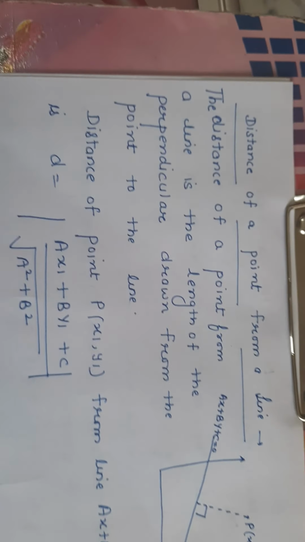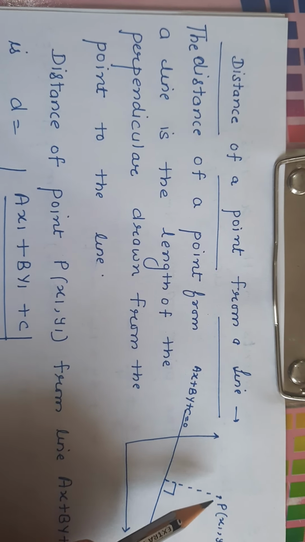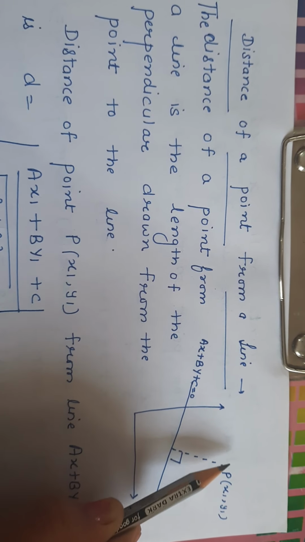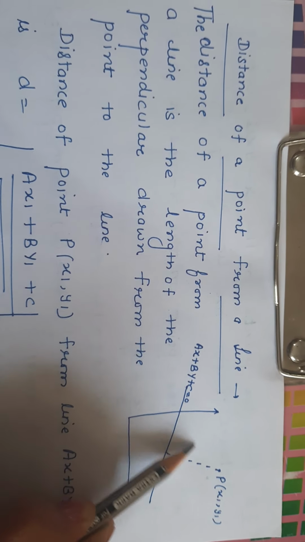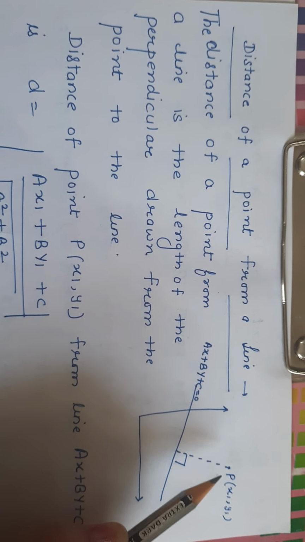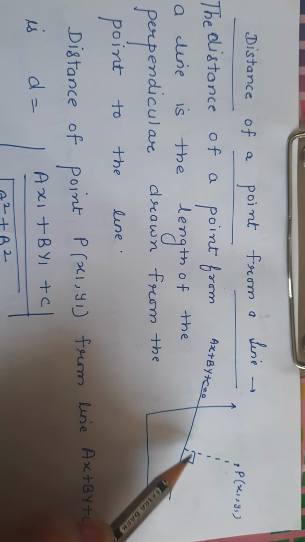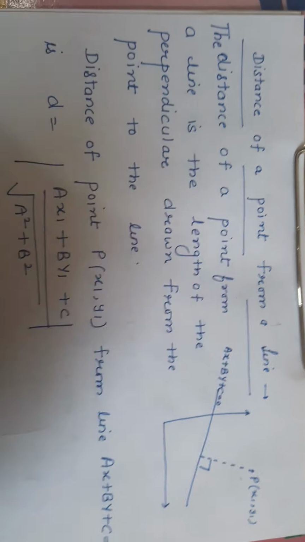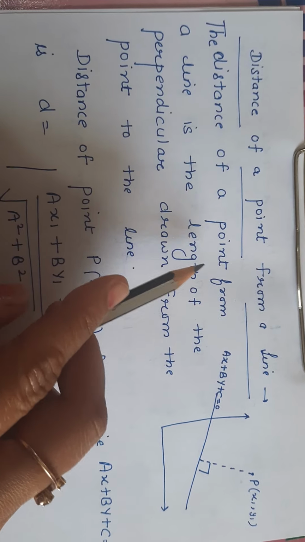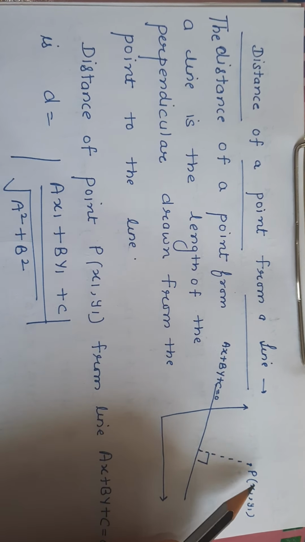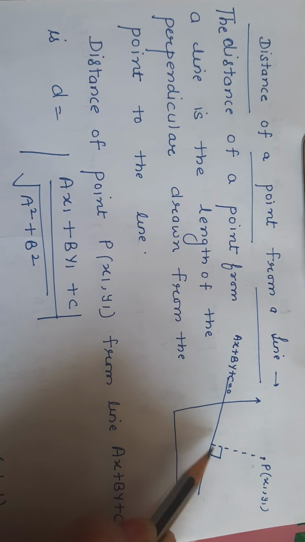Next is the distance of a point from a line. Just look here. If we have to find the distance of a point from this line, there are infinitely many ways to find the distance of a point from a line. But we'll always find the shortest distance, and that distance will always be in the perpendicular direction. So the distance of a point from the line is the length of this perpendicular drawn from the point to the line.